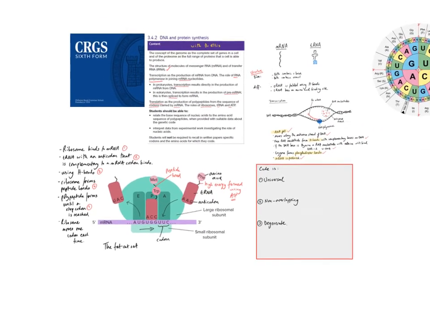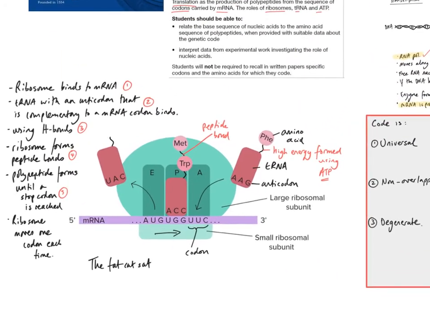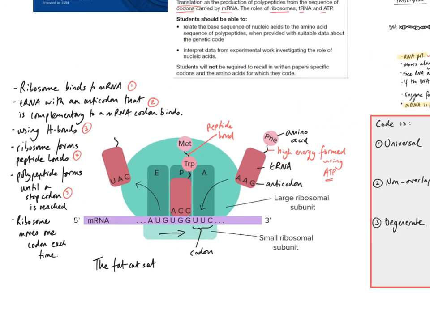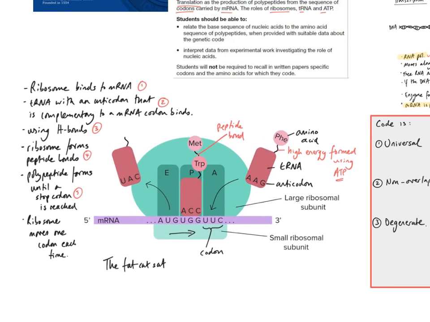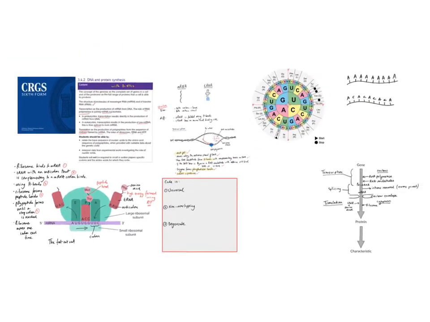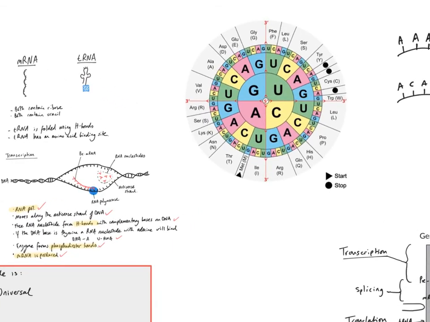Okay, so you can see here that AAG, this one here, this tRNA carries phenylalanine. They always have a three-letter abbreviation. So if I go to the codon map, here we go. So it's fast scrolling on the screen for you.